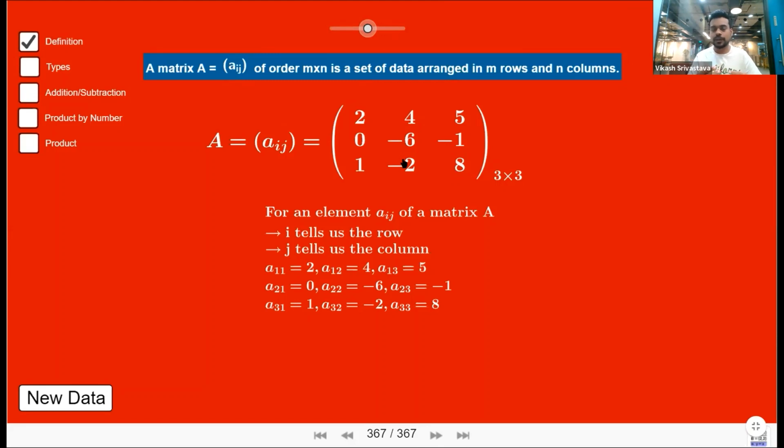When we specify these two values, we are able to refer to a particular element in the matrix. In this particular case, the matrix has the same number of rows and columns, but in general a matrix can be represented as m rows and n columns, where m and n can be different as well.